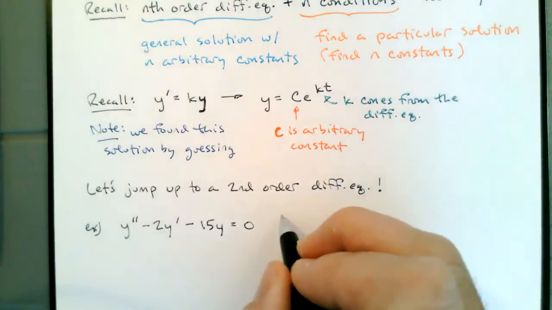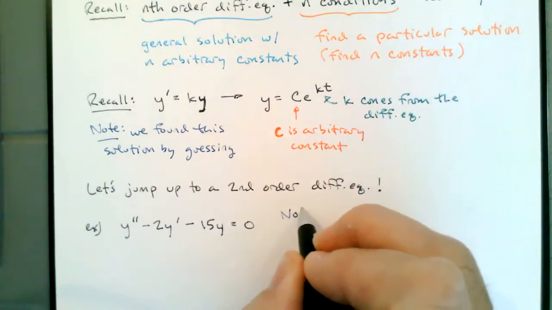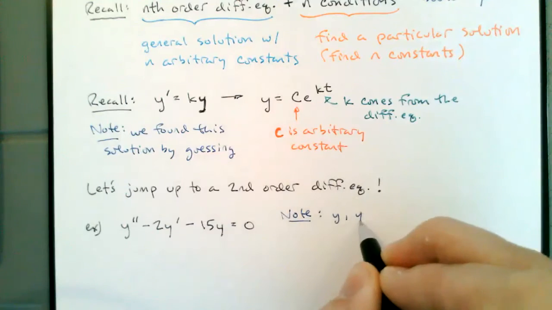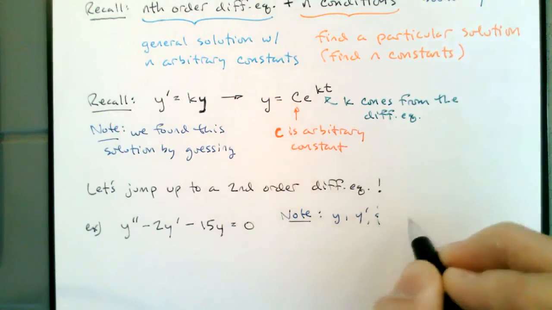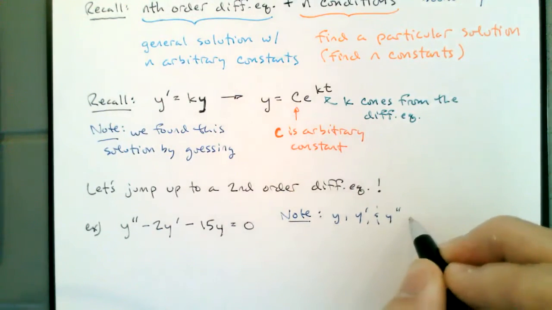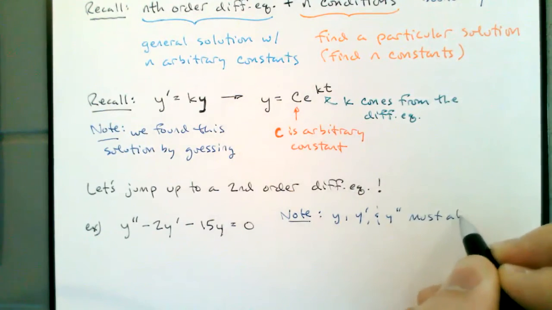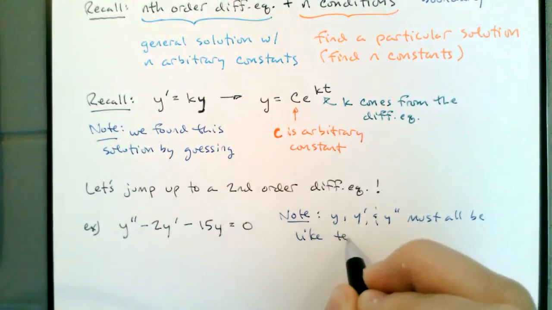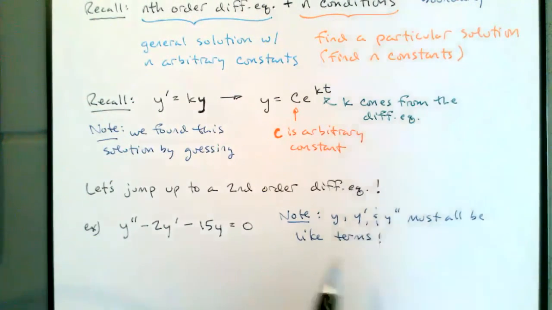Note: y, y prime, and y double prime must all be like terms, because when we add them up, we come up with 0.